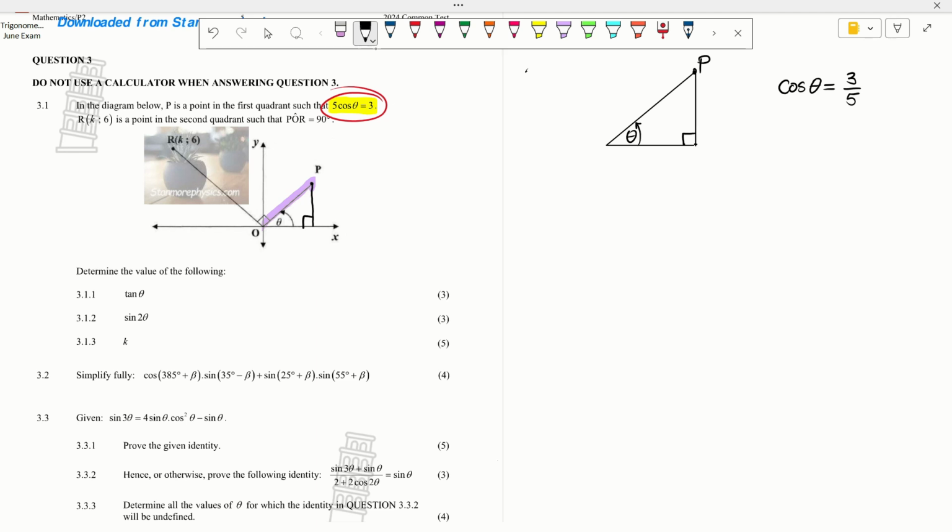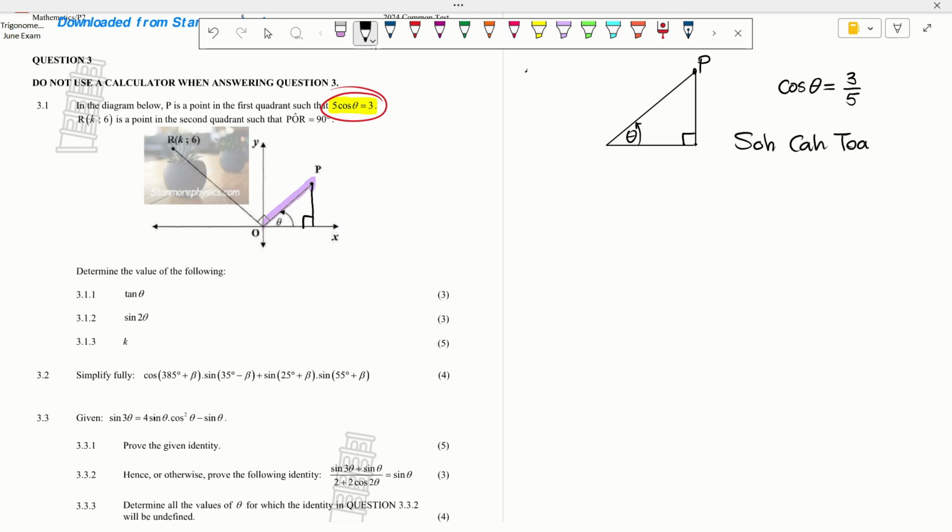This is what I'm looking for. What this tells me is I can go and refer to SOHCAHTOA. Remember SOHCAHTOA: sine is given by opposite over hypotenuse, cosine is given by adjacent over hypotenuse, and tangent is given by opposite over adjacent.